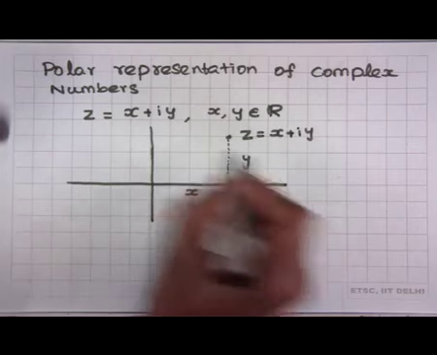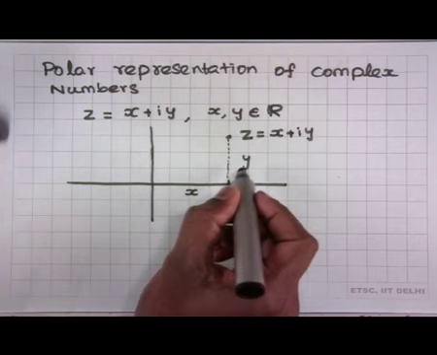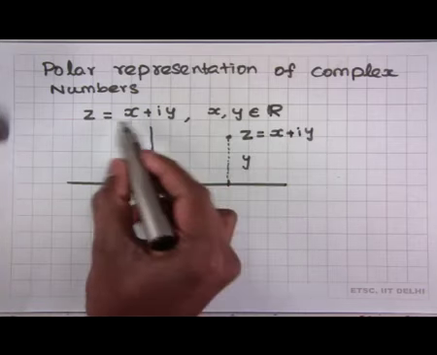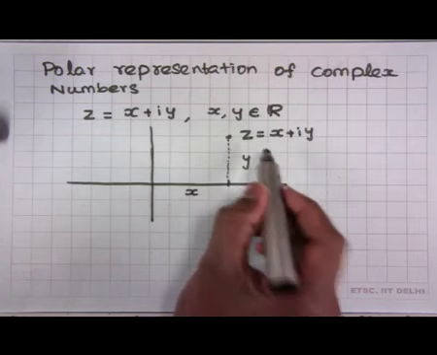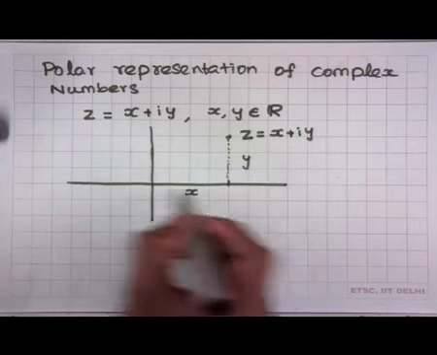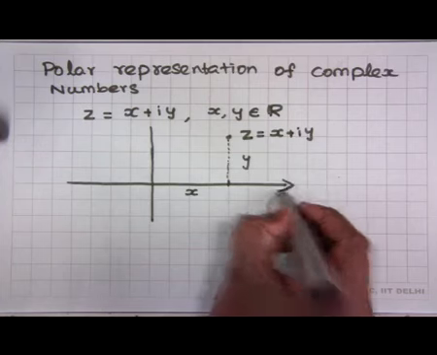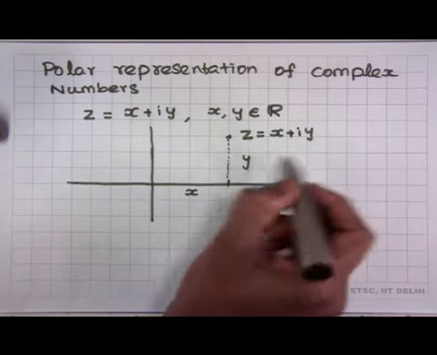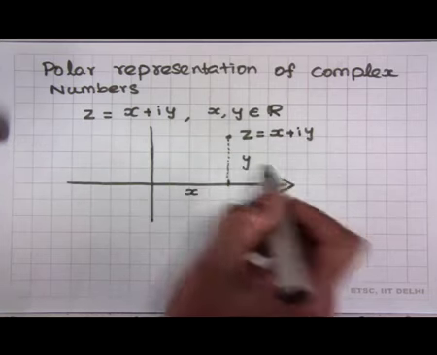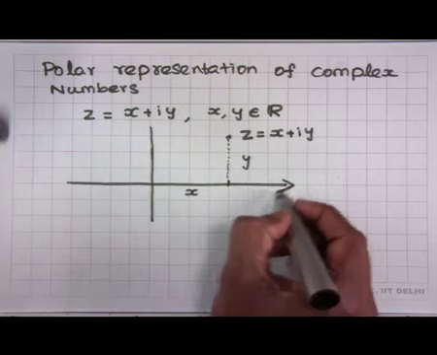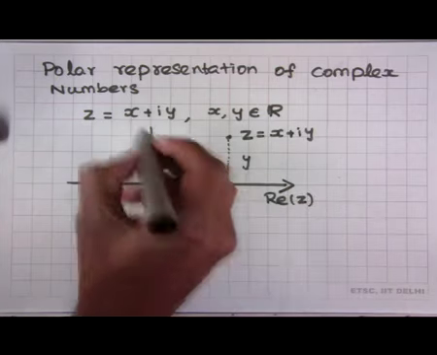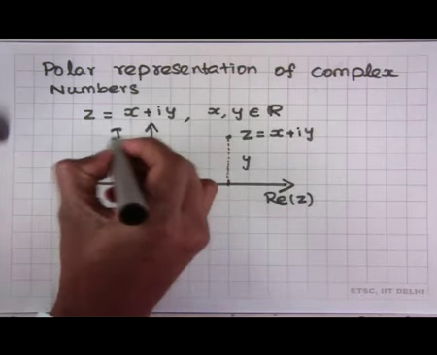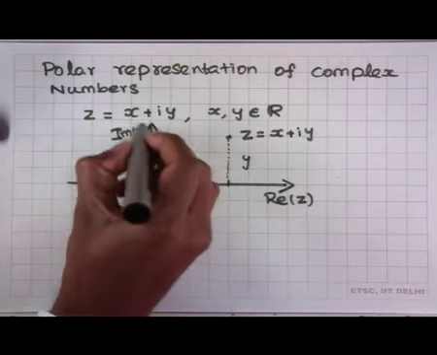Now what we observe here is, given any complex number, we associate a point in the Cartesian plane. This is standardly taken as the x axis, but in the interpretation of complex numbers in the plane we can treat this as the real axis, and this as the imaginary axis.